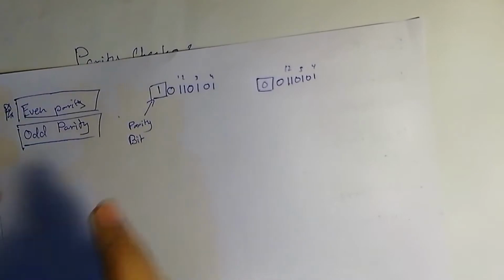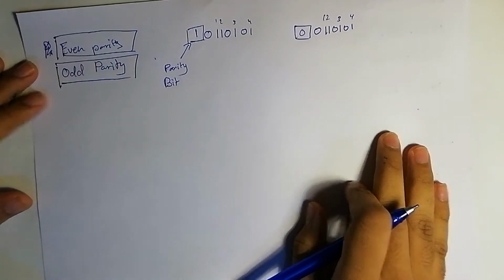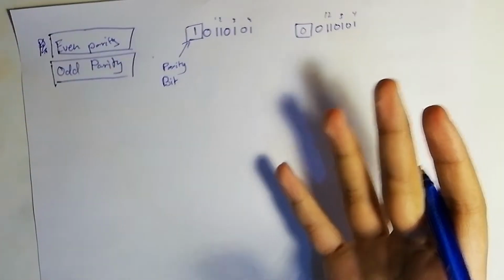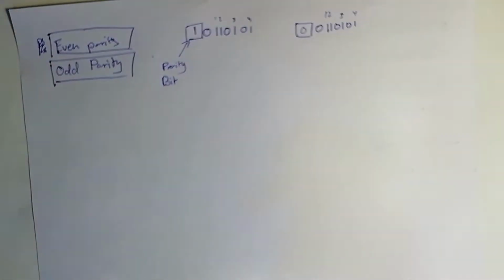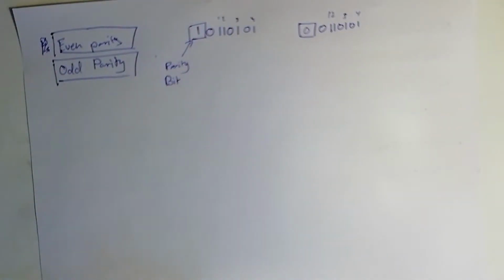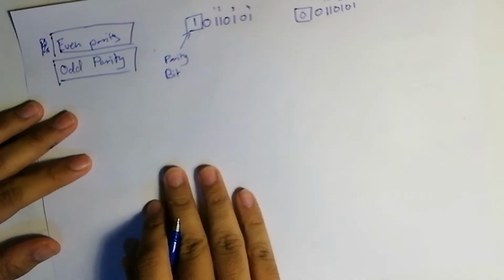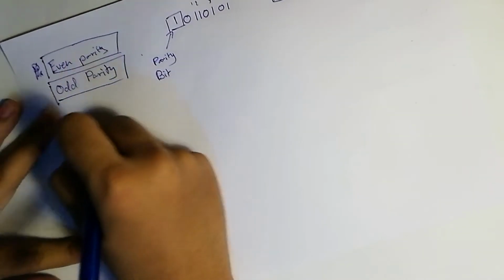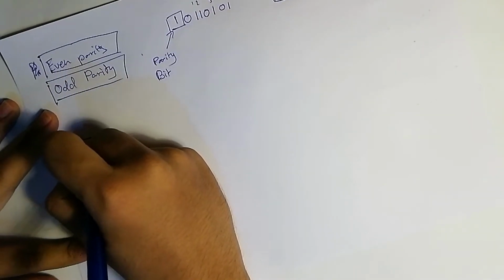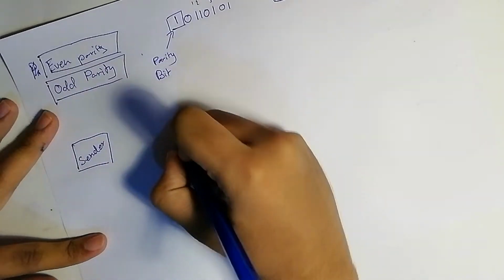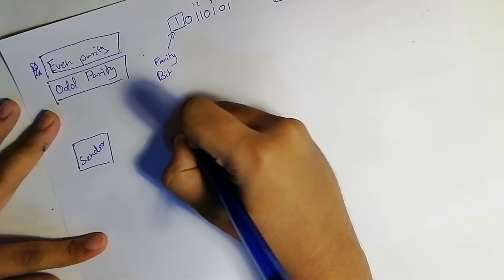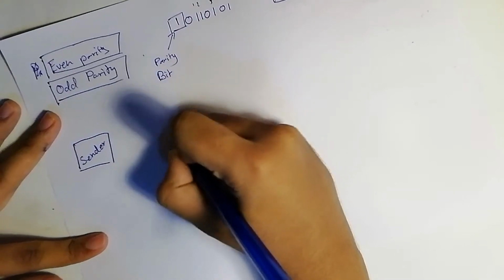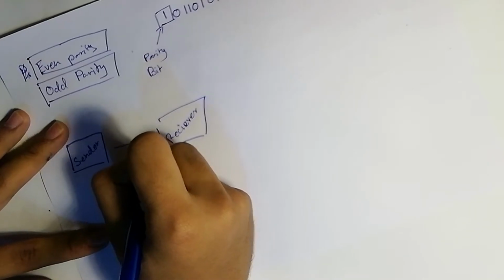Now you might have a question: it's all fine and good, but how does this help us identify an error? So basically, let's take an example. We have the sender here, and then we have the receiver, and they send data to each other.